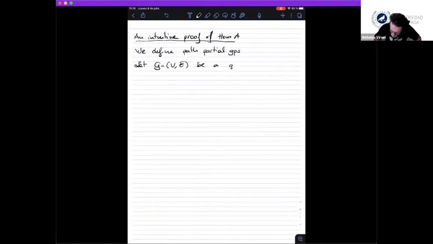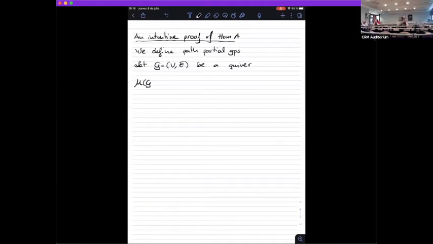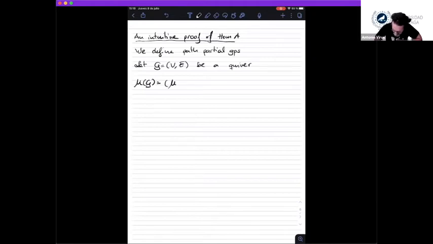So I will start by saying that this is a quiver, like if I was going to construct a path algebra. Then I want to define M of G, and again I have to define some M, some D, some product, and some inversion, right?